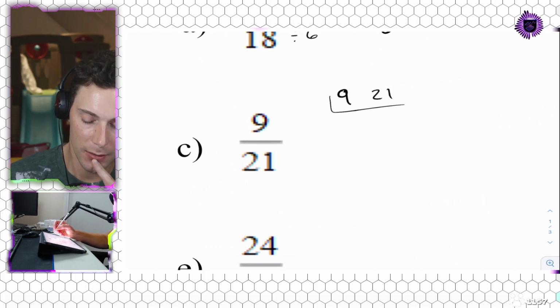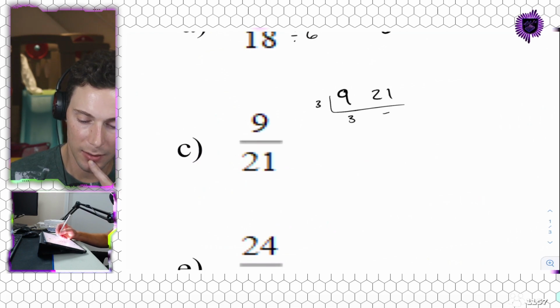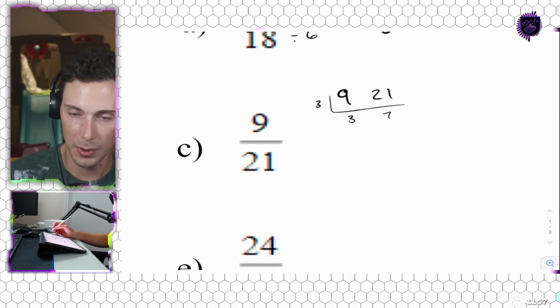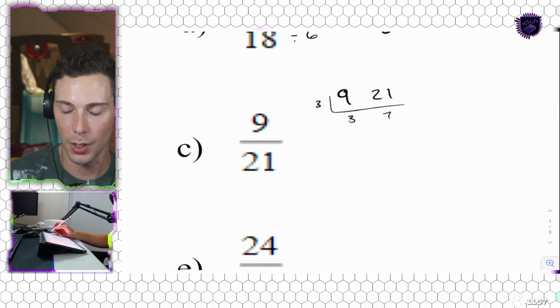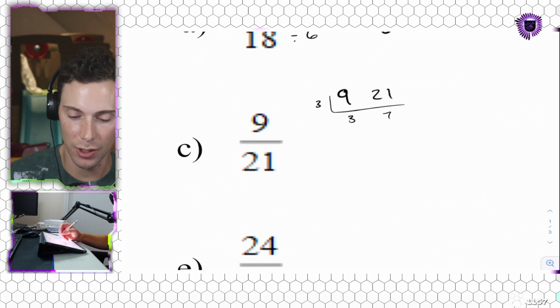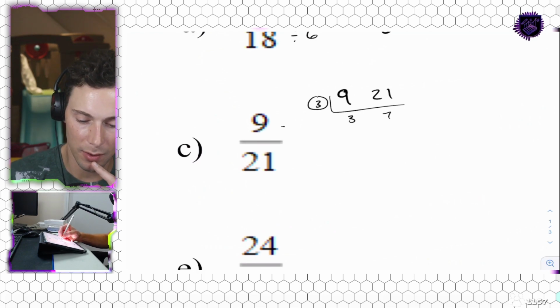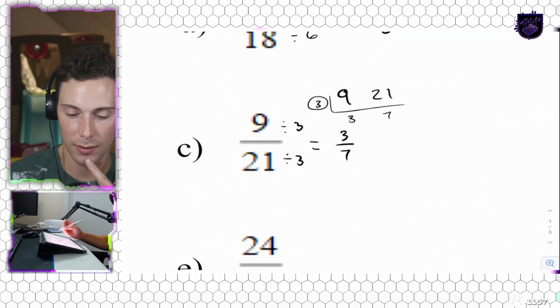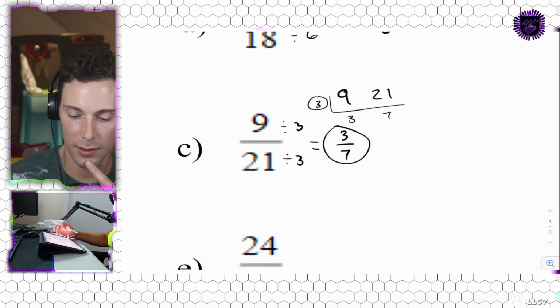We have 3, that'd be 3, and that's 7. So do 3 and 7 have a common factor? No, they do not. So we stop there. The GCF is 3. So let's divide both by 3, and we're going to get 3/7 as our answer. 3/7.